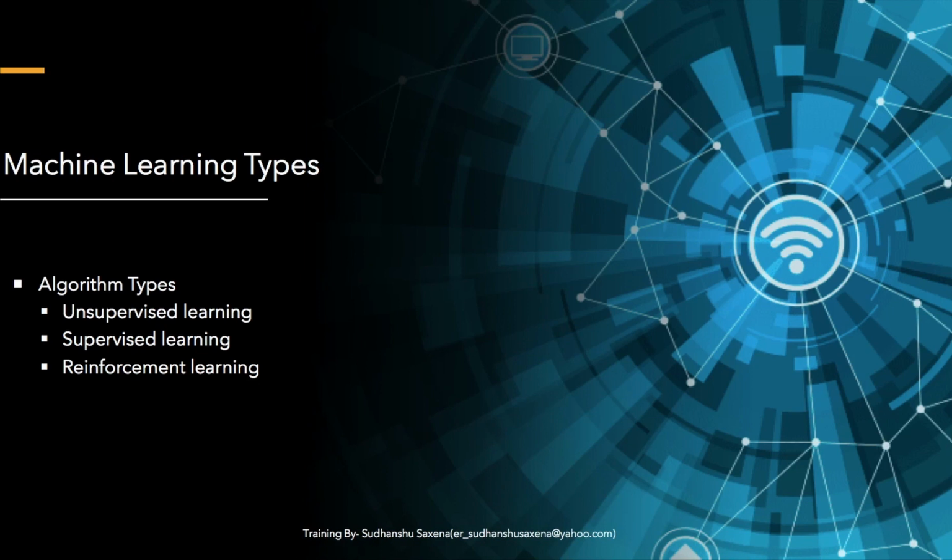The third kind of learning is, I would say, easy as well as complex at the same time. Why? Because this learning is inspired by, or you can say influenced by, human learning from experiences. In this learning, the machine tries to create its own rules, right?